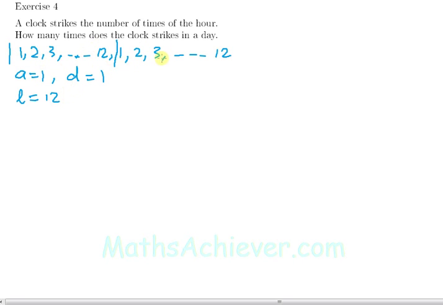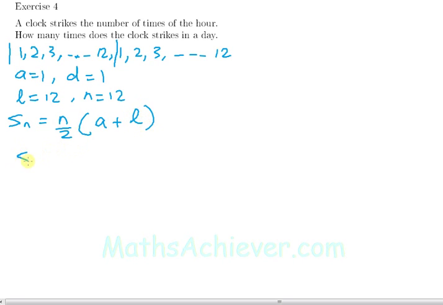So we can make use of this to derive the number of strikes. Then we times it with 2 because we have two sets. We can use this formula since we know the A, the L, and the N as well, because N is 12. So we'll use this formula, n over 2 times (A plus L).